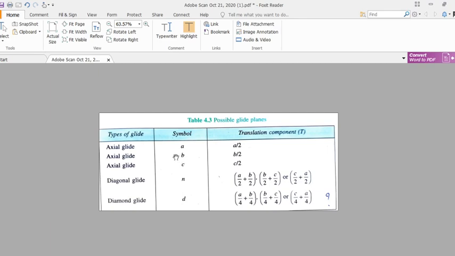Similarly, for B you travel by B by 2, so again the reflection is visualized at the position B by 2, and similarly C by 2. So there are 3 axial glide planes. Similarly, you can think about the 2 diagonal glide planes, which are known as N and D respectively. Now N is situated at A by 2 plus B by 2.